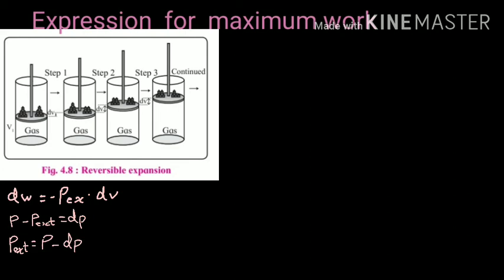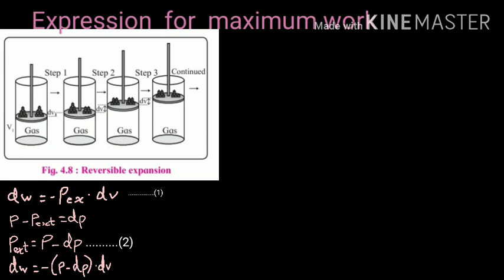So let the equation dW is equal to minus external pressure product of dV be considered as equation 1, and external pressure is equal to P minus dP as equation 2. After combining equation 1 and 2, we will get dW is equal to minus, in place of external pressure we will be substituting the value of P minus dP, product of dV.